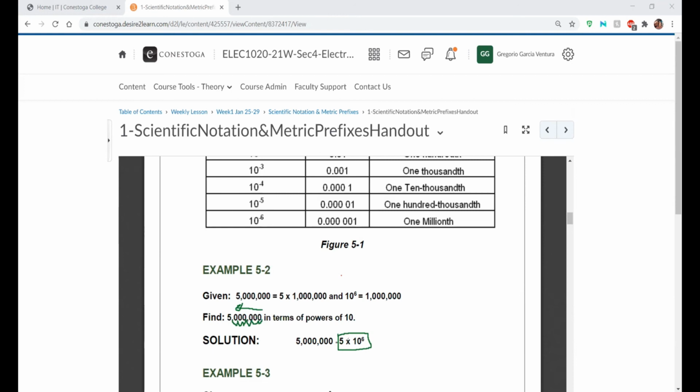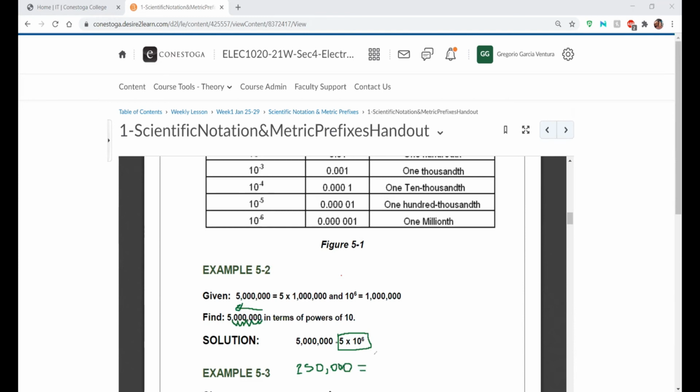If I were going to do only a power of 10, what really matters is that scientific notation is just a combination of my power of 10 plus a rule about the decimal. So let's say that I have a number which is 250,000, and I ask you, can you write that number as a power of 10?